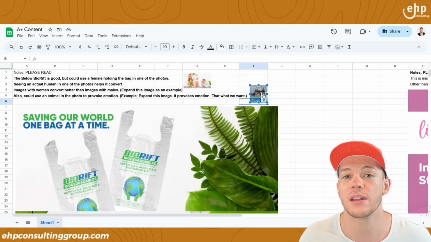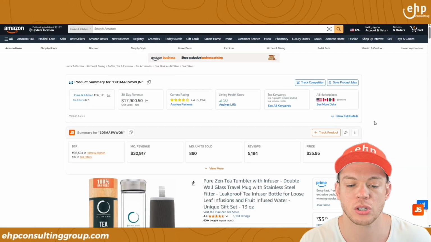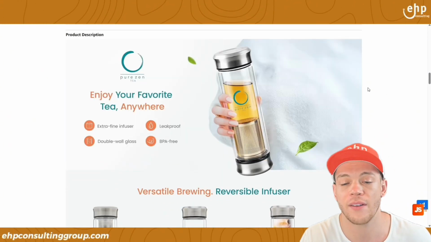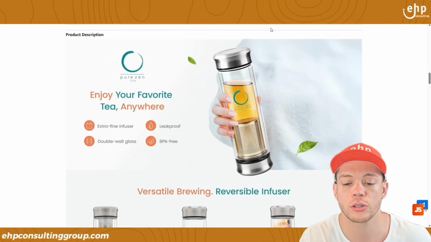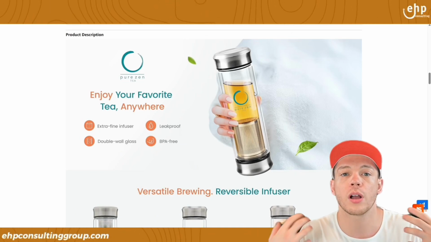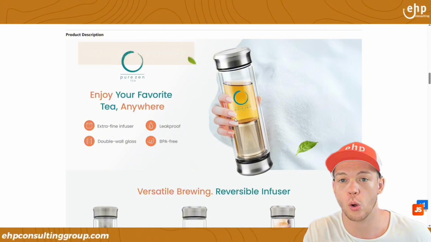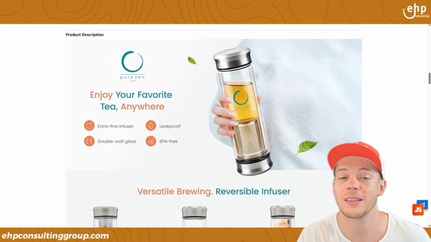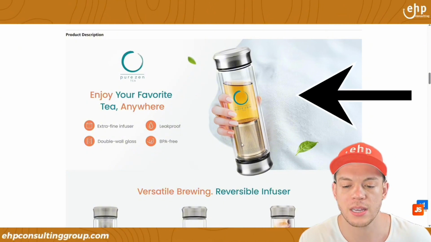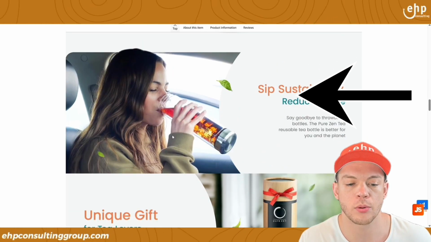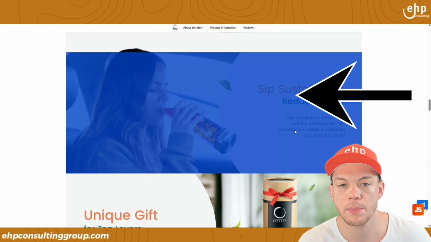Now, those seem difficult, but it's actually not, especially if you look at, again, the top competitor. It makes it very, very easy. They don't even have to be in your category. You can see that whoever their customer is, it's mostly women. So that's why they have a woman actually holding the product. If it was men, they could use men, right? But you can see it's a woman. That's pretty much who's going to be buying the product. They even showcase a woman sipping the item.